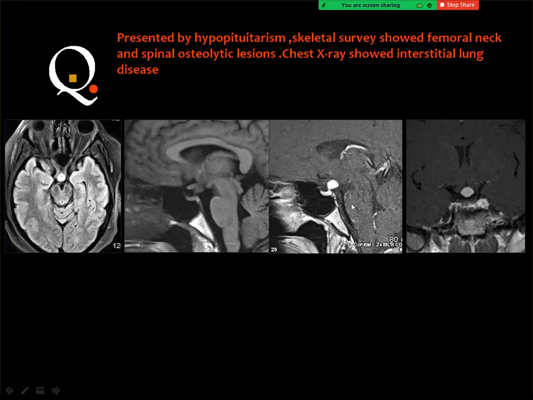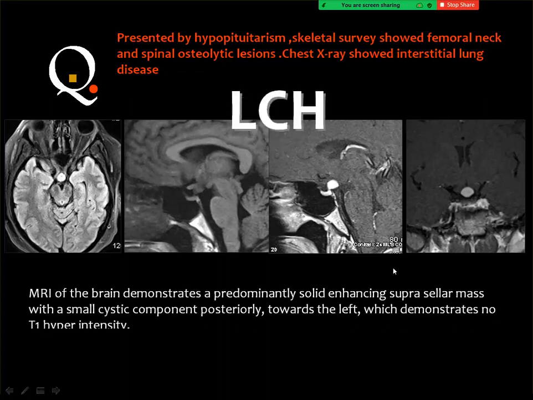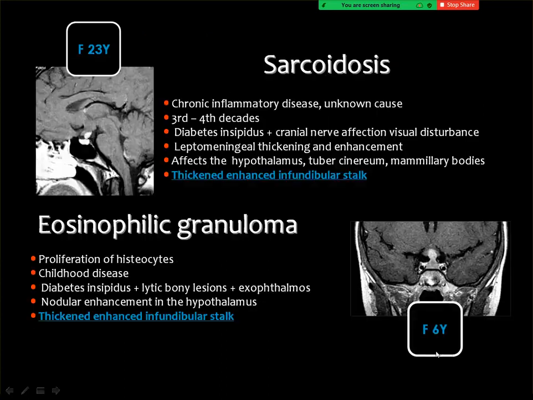The second lesion, which is seen in the pediatric age group, is Langerhans cell histiocytosis, which also involves the pituitary gland and the infundibular stalk. In order to differentiate the three lesions from each other, all the lesions present by thickened, enhanced infundibular stalk and prominent enhancement of the pituitary gland.